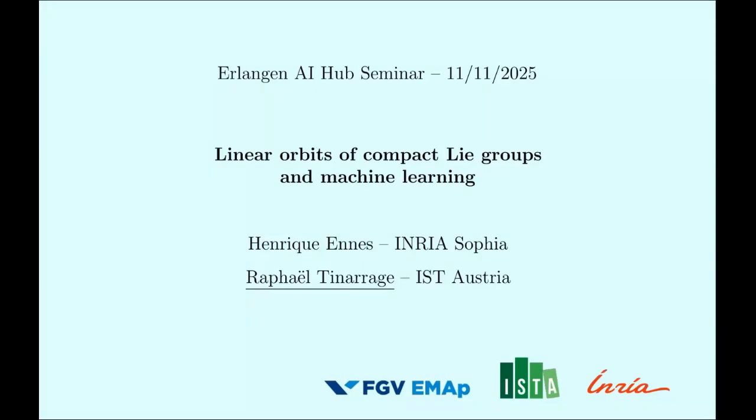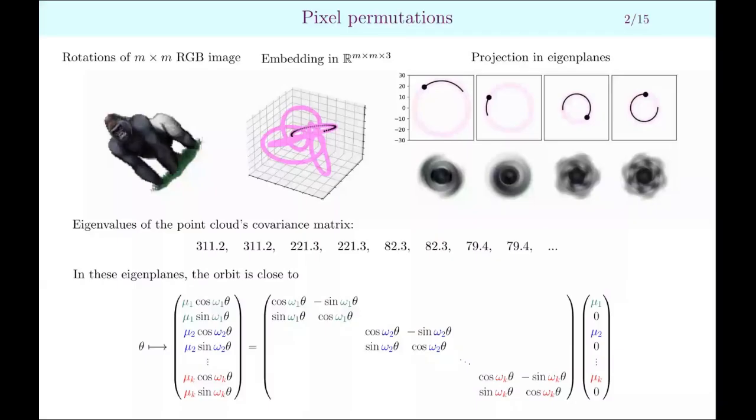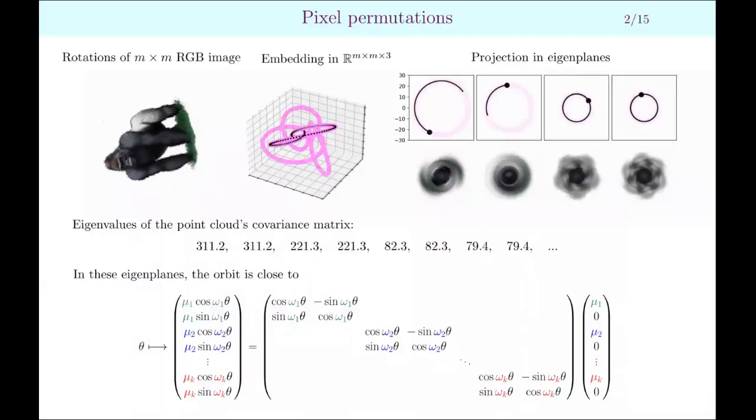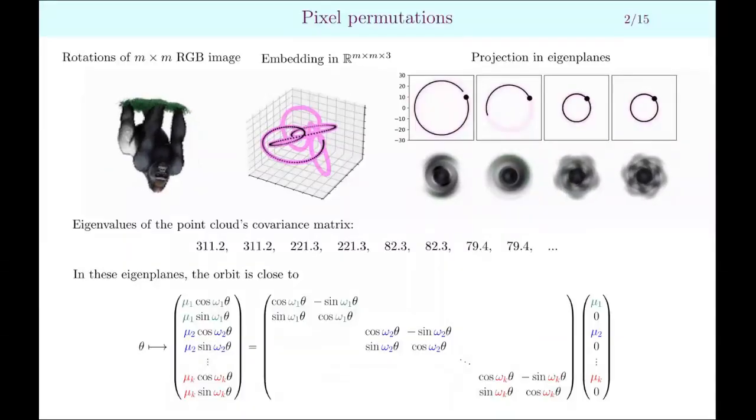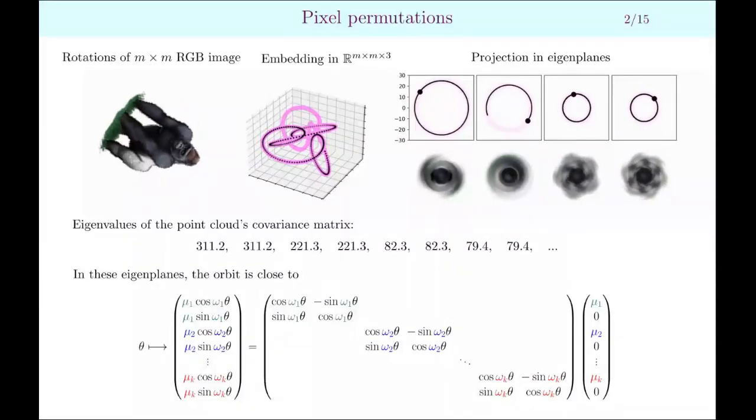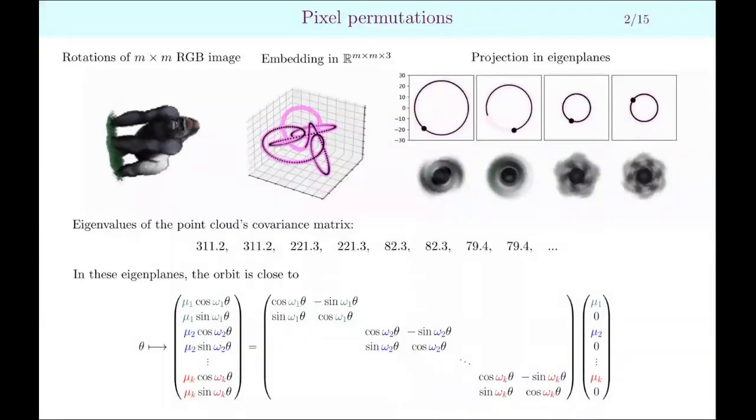I will start with a few motivations. The typical example of Lie groups in machine learning is rotation of 2D images. Let me show you a funny phenomenon that happens.